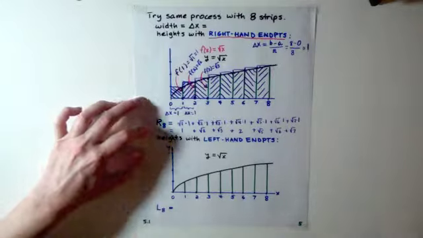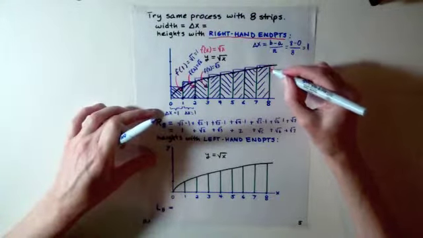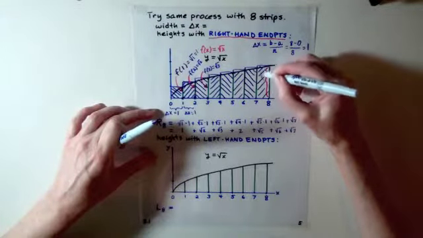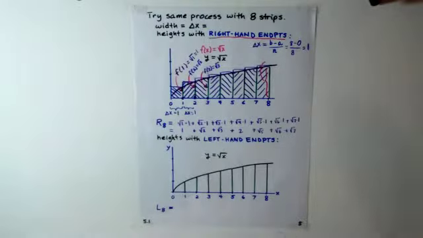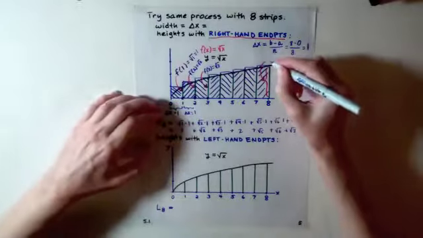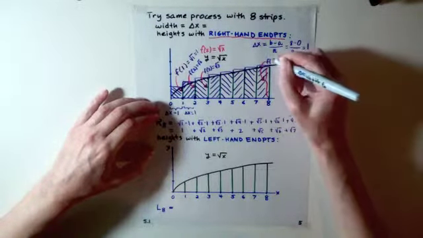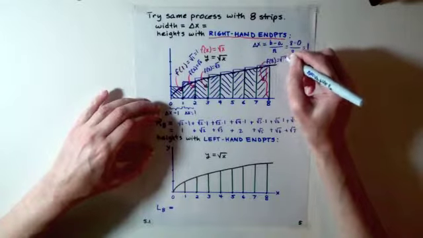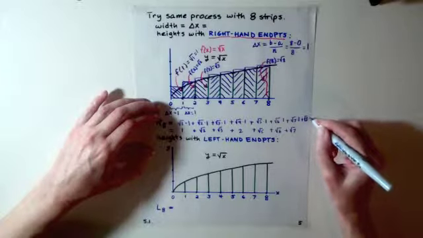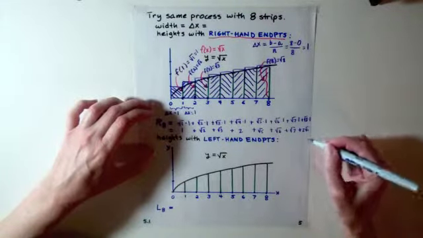and the very last one, I always sort of like to double check that I'm doing it correctly and I'm stopping where I'm supposed to if I use this system. The very last one, the height is right here, and I can see that that would be, put my arrow on there, that would be f evaluated at an x value of 8, so that would be root 8. So my very last rectangle would be root 8 times 1. Or if you want to simplify that to root 2.